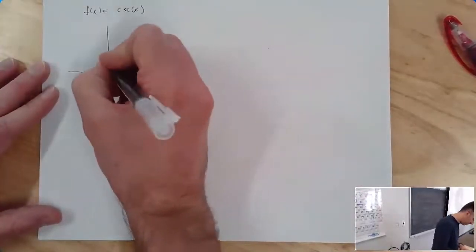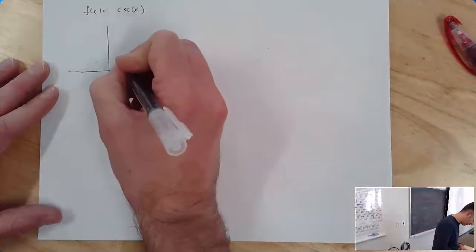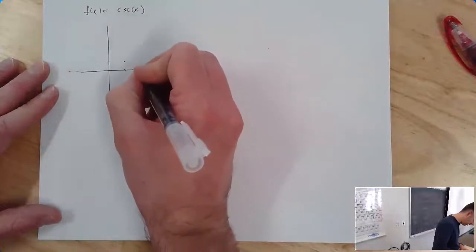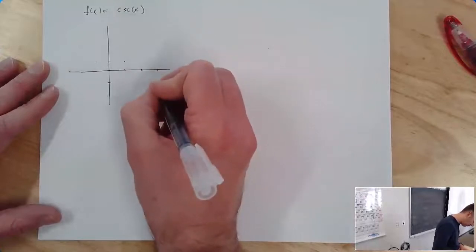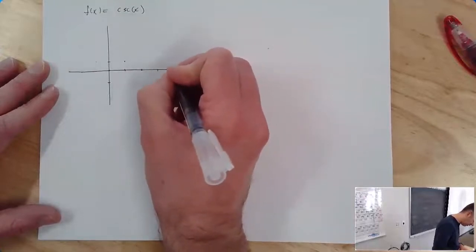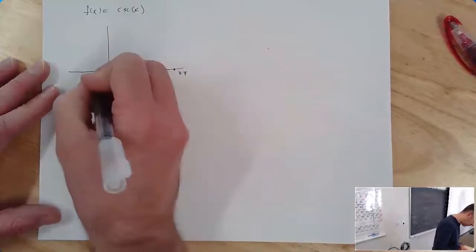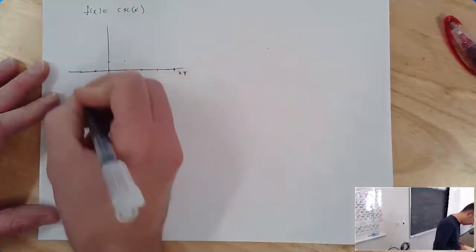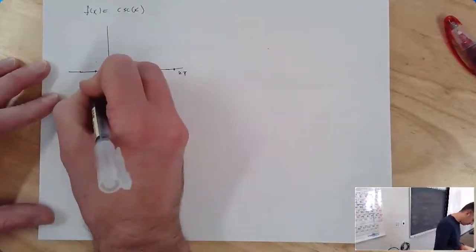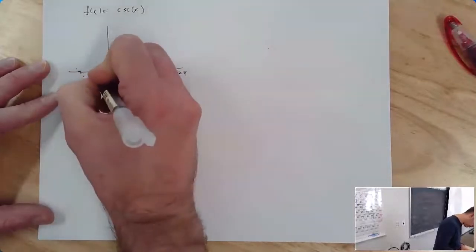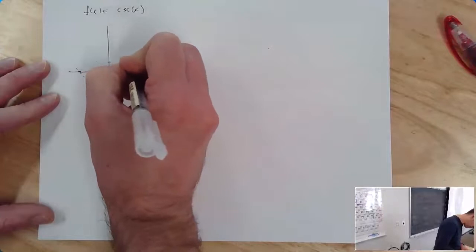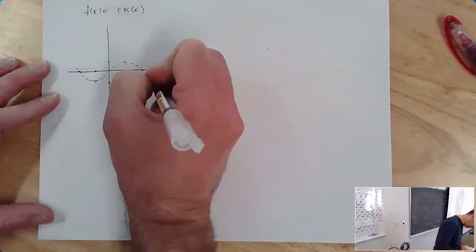So cosecant, I'm graphing sine. Sine starts at 0, and then pi over 2 goes up to 1, and then pi goes back to 0, and then 3 pi over 2 goes down to -1, and then at 2 pi you're back to 0. And then negative pi over 2, negative pi. So sine looks like this, kind of.